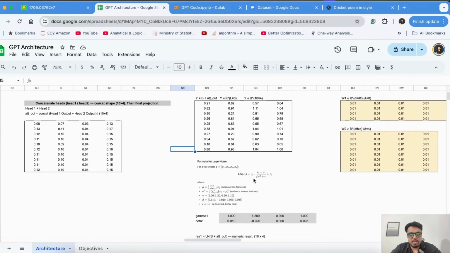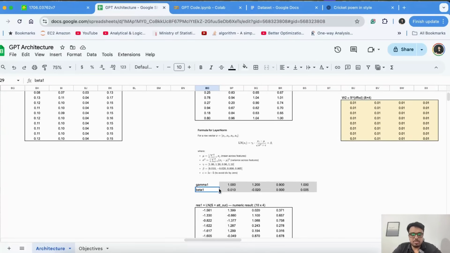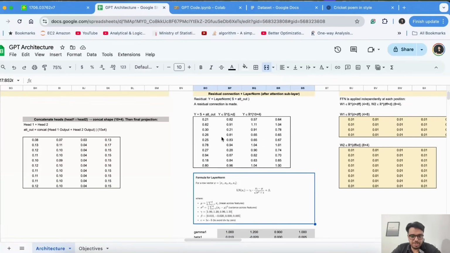We subtract the mean across all the elements. So we take the mean across all the rows, then we subtract the mean and divide by the variance, and then we include a scaling factor gamma and also add a bias beta, right? So let's assume that this is the gamma and beta that we will be using for this layer normalization.